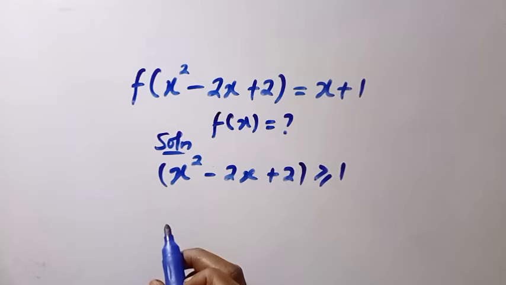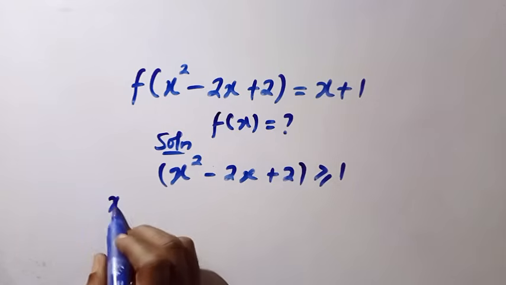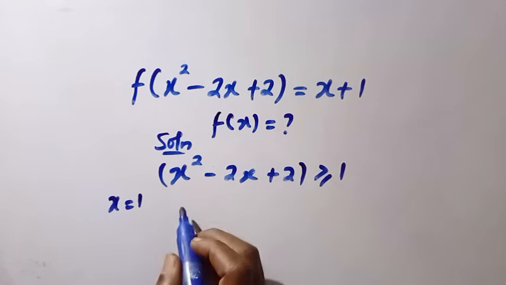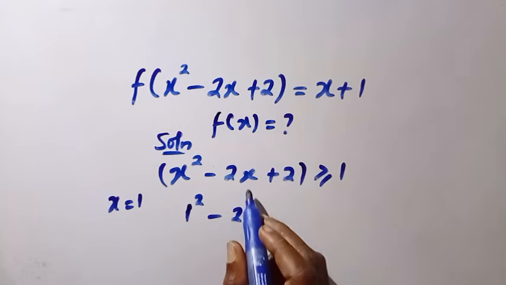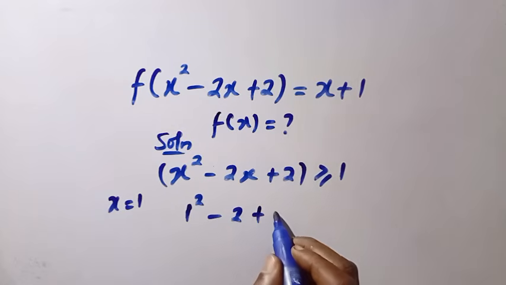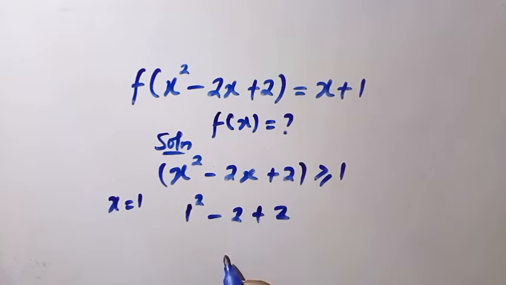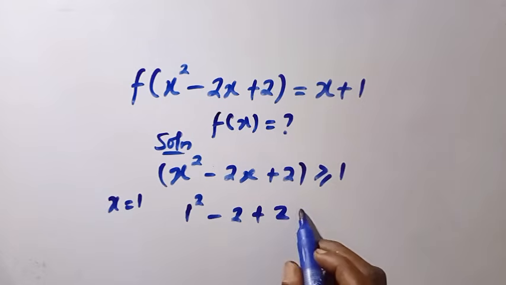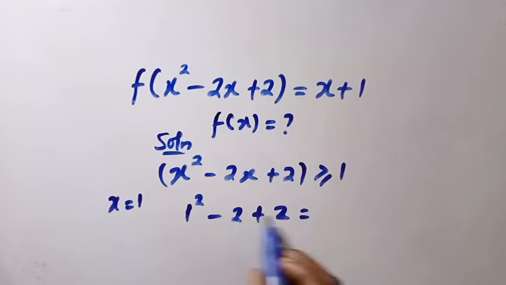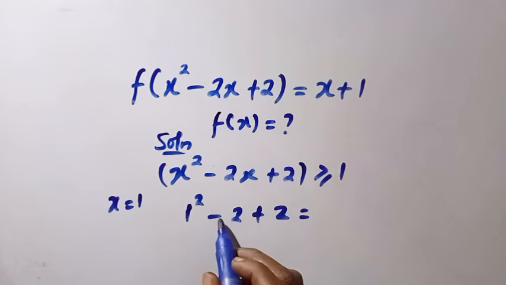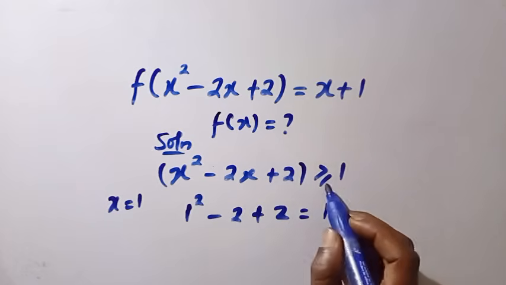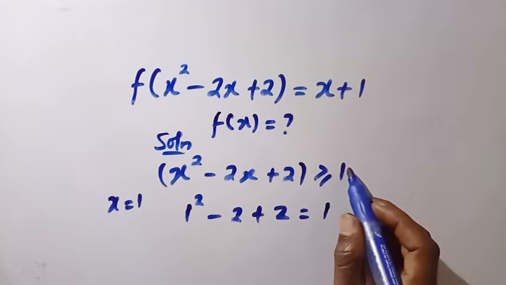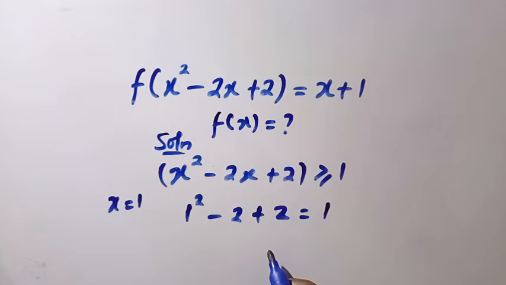So let's verify some numbers. Let's say x equals 1. Here we have 1 squared minus 2 multiplied by 1, that is 2, then plus 2. So the whole of this gives us 1 plus 2, that is 3, and 3 minus 2 gives us 1. So that is one of these conditions, when they are equal to 1.